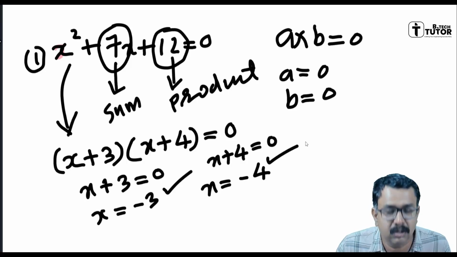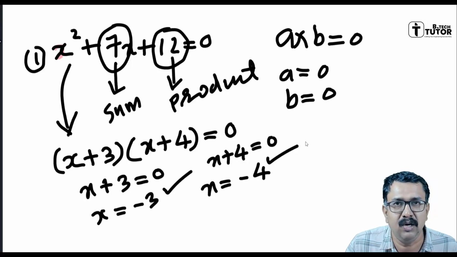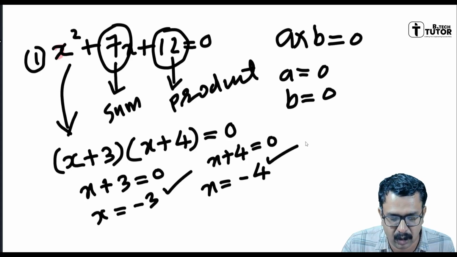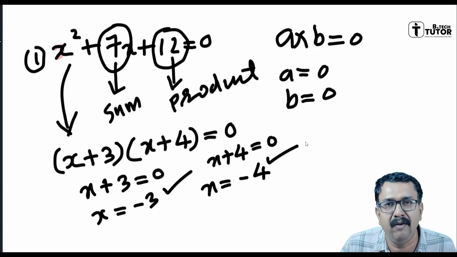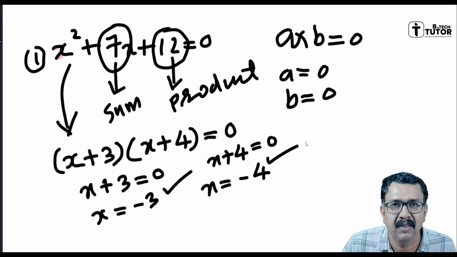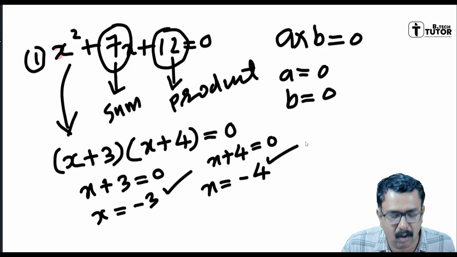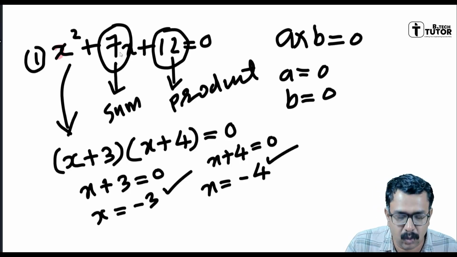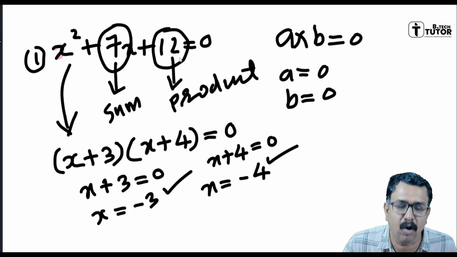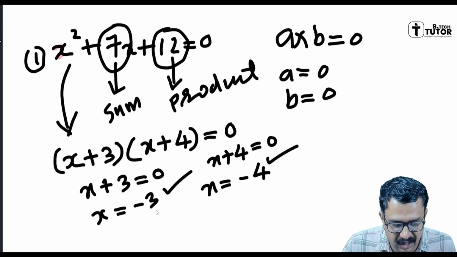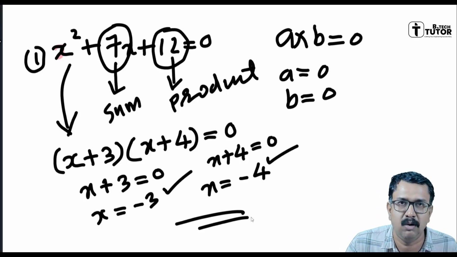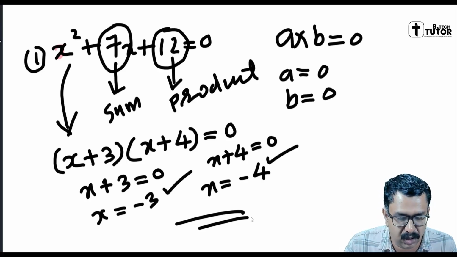Therefore, the two solutions are −3 and −4. Remember that if the coefficient of x² is 1, then we can do this problem in a different method: the coefficient of x gives the sum of the roots, and the last term is the product of the roots. Therefore, the solutions are −3 and −4. Got the idea. Now we can move to our next question.